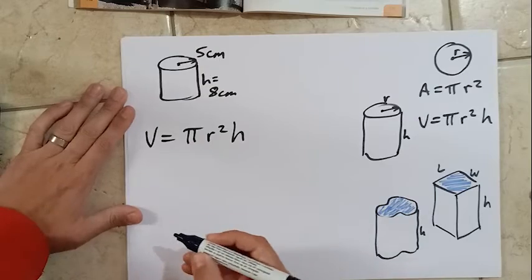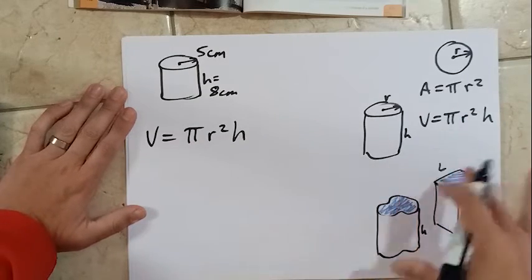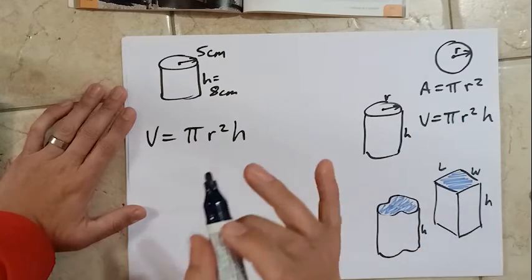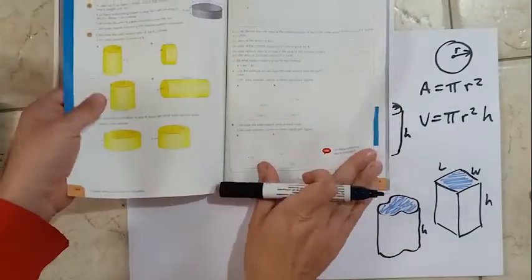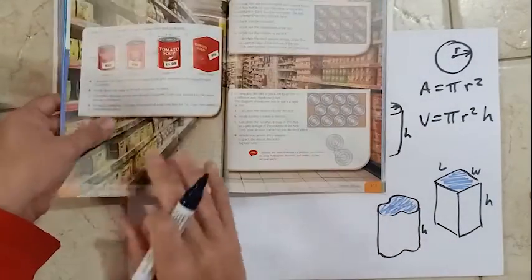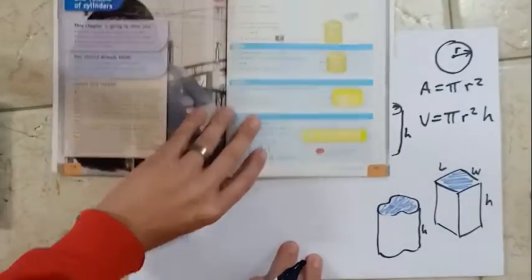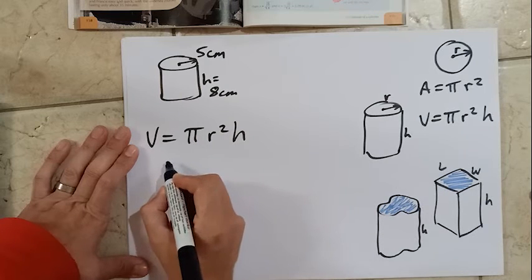It should be second nature after a while. But I do want you to be able to work out that concept if you need to. But do write the formula out. It really will save you a lot of headache, especially when you get towards the end of this, the problem solving, which is quite intense. Writing that formula out each time really helps you. So pi r squared h.